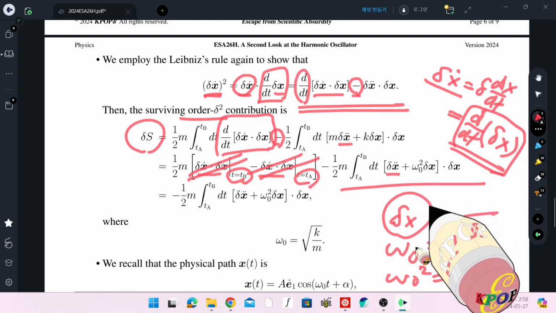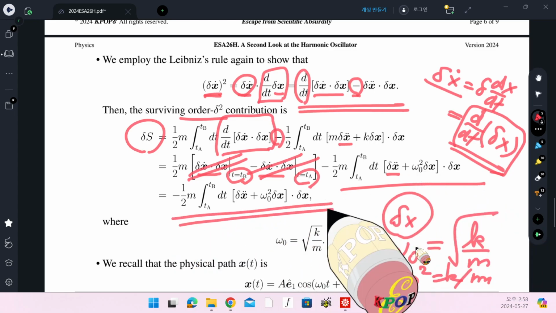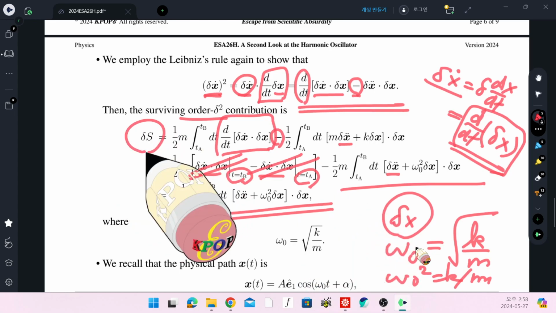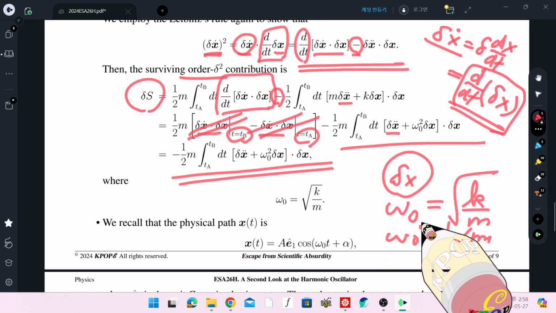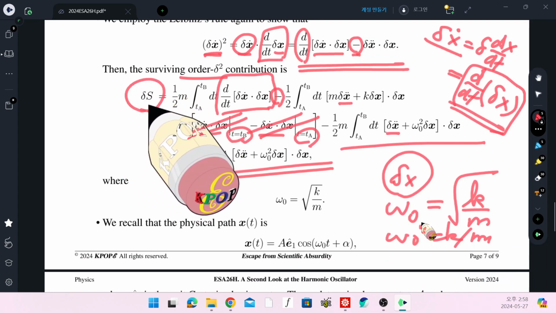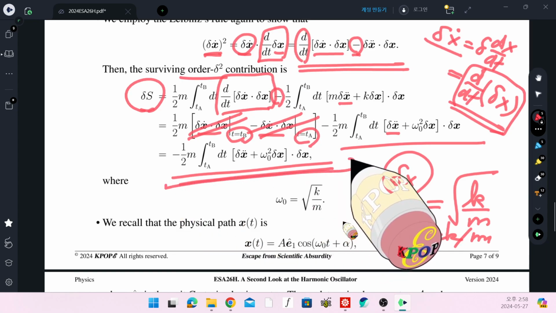Finally, our final result shows that the variation of the action evaluated to order delta squared is greatly simplified in this form.